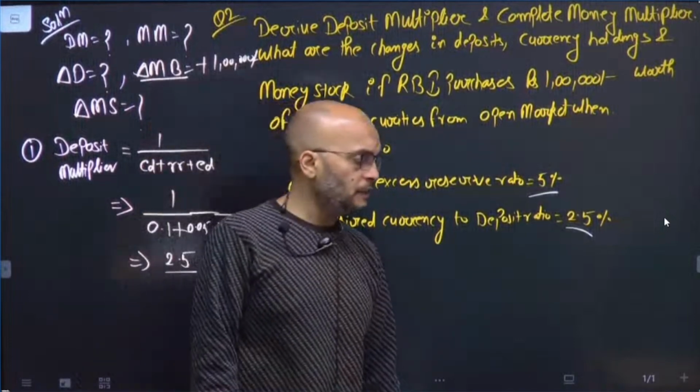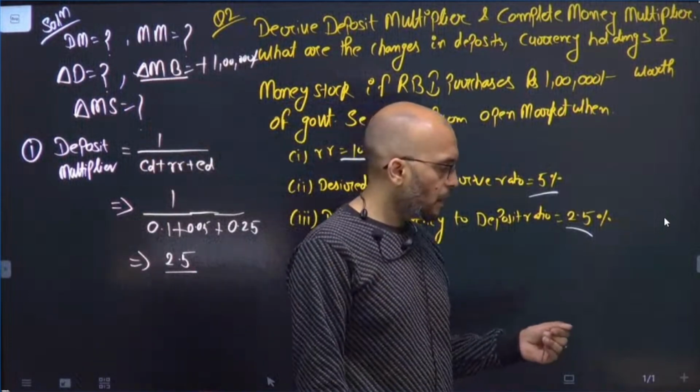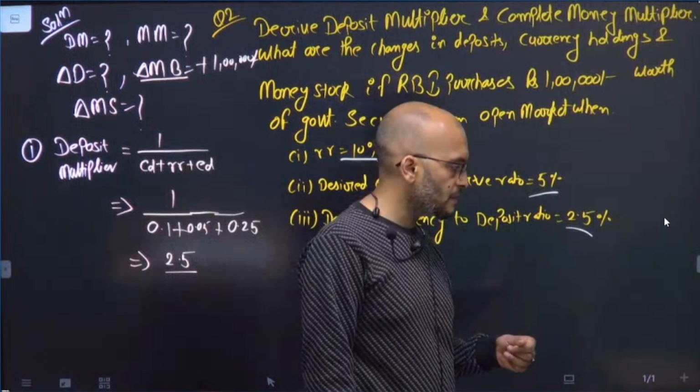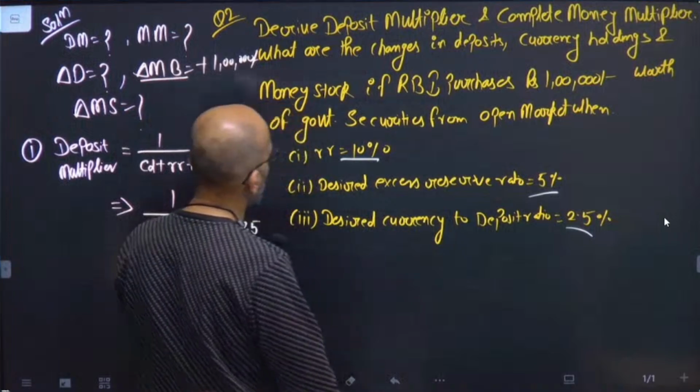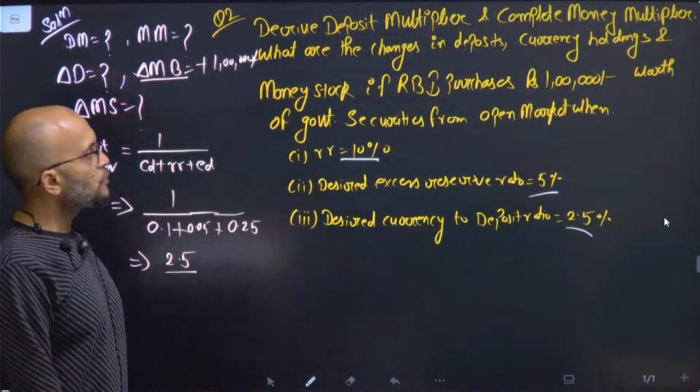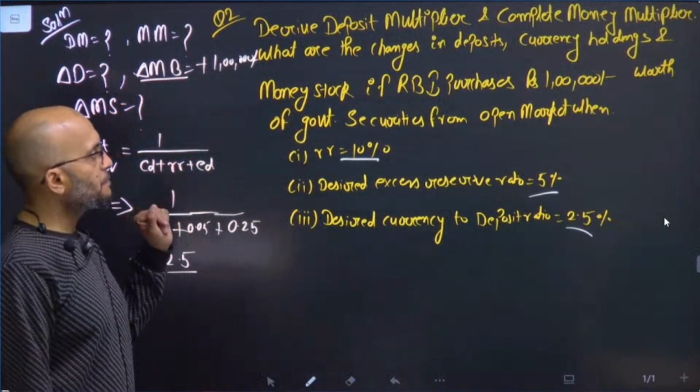Yes, Sakshi and Jyotika. Sakshi, what mistake did you make? How come you were getting the answer as 10? Simple calculation it was. Anyway, so that's your deposit multiplier.